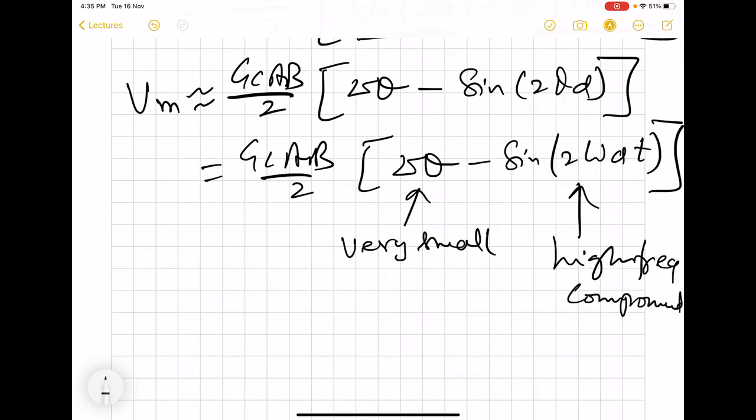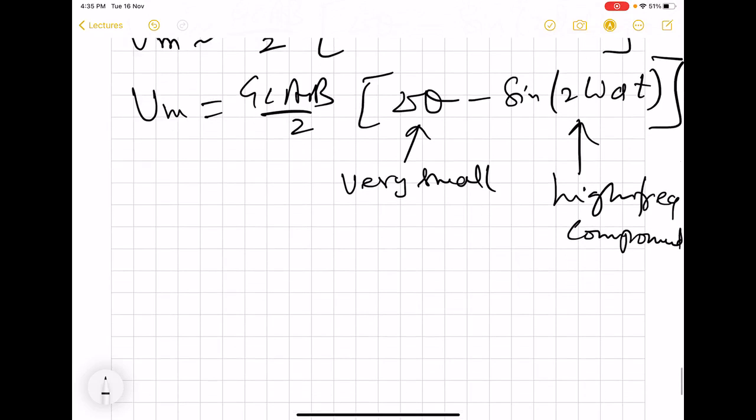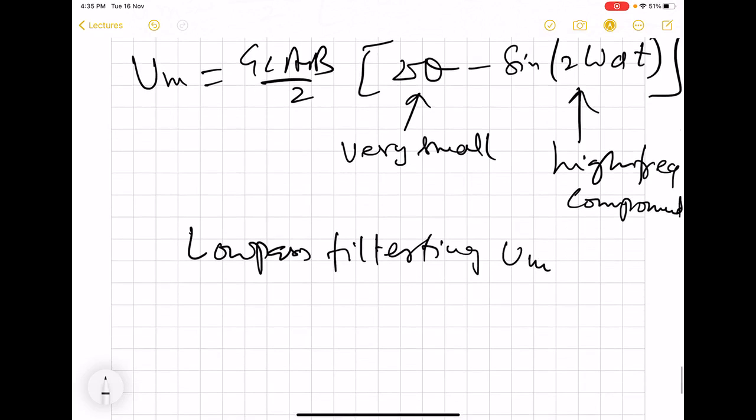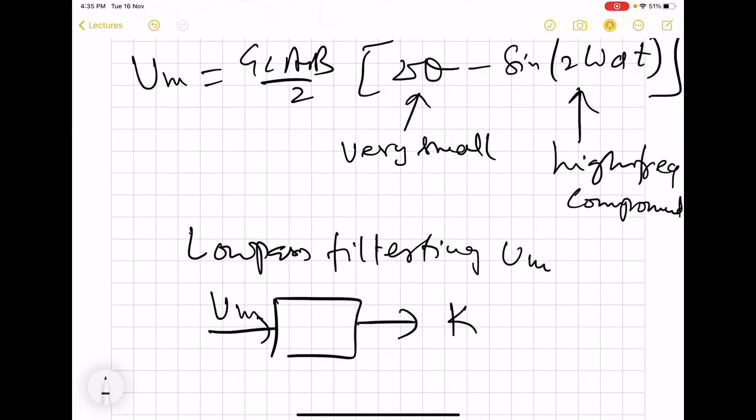So if we pass this VM through a low pass filter, then what we will have is an output which will be proportional to K into delta theta. This factor K will contain this and some additional factor arising because of this low pass filter.